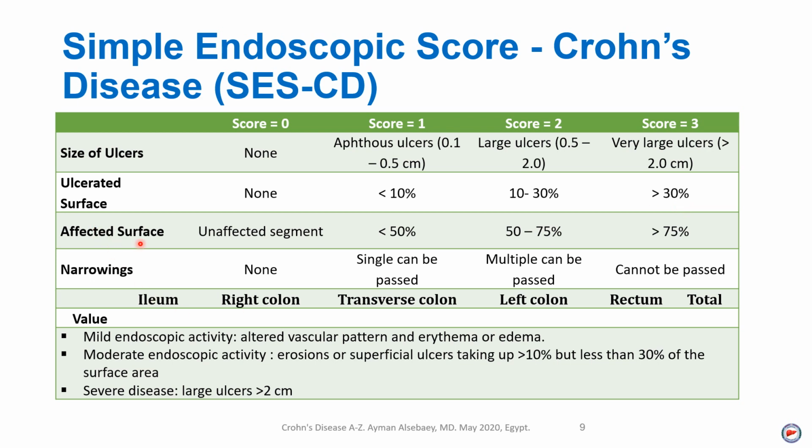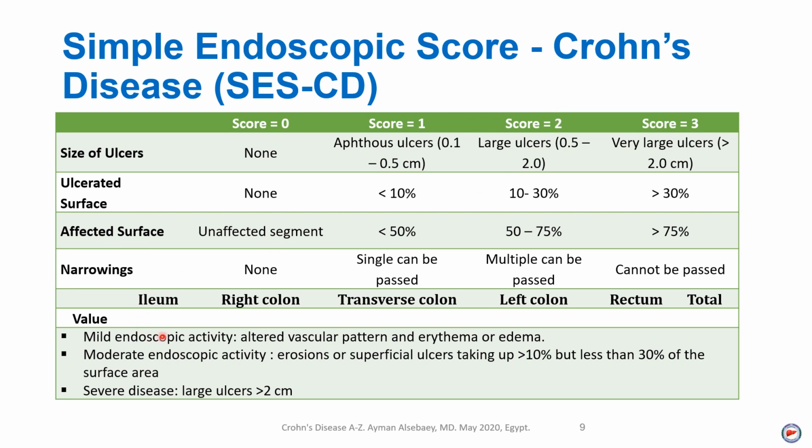The affected area of the examined segment, for example the ileum, if it is more than 75% affection, it is large. And if there is narrowing, if there is a stricture, we have said previously that there are 3 types of strictures, which may be inflammatory, fibrotic, or malignant. So you try to pass the endoscope through it. So you must say if this stricture is traversable with the endoscope or not.